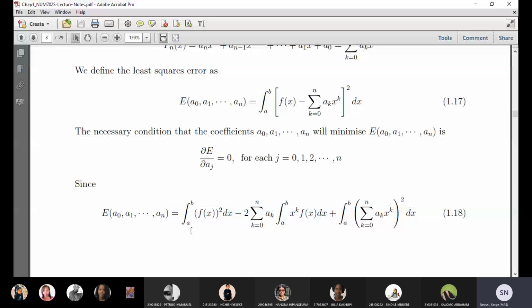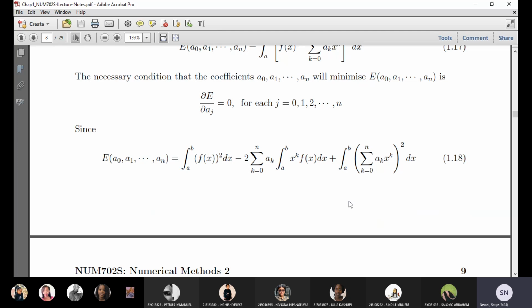Now, if you look at this, you can see that the first one is exactly this. We have the integral of f of x squared dx, and we have this minus 2 summation a_k, and then the integral, and under the integrand is x to the k f of x dx. That's exactly what we have on the other slide.